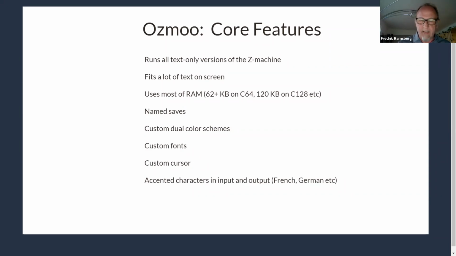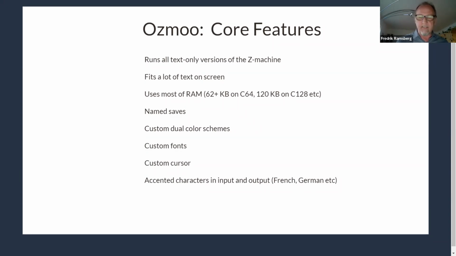You can have accented characters. You can play games in French, German, Italian, Spanish, etc. And out of the box, we support 6 languages other than English, but it's not too hard to add your own language to this. But this requires a special font, and we supply fonts which cover all of these languages.